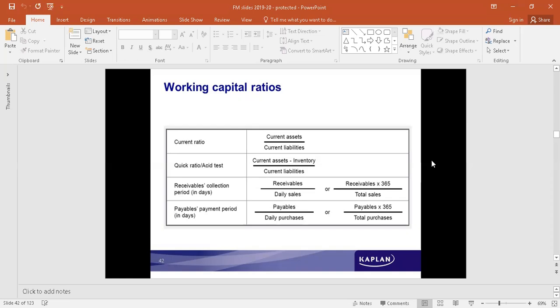Generally it is not referred to here, but in any context you should remember it. The other item is prepaid expenses, which are expenses paid in advance. It is difficult to get prepaid expenses back.